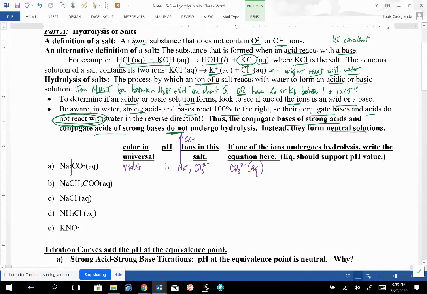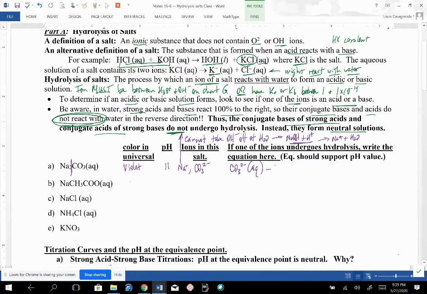It cannot take OH minus off of water. What would it make? It would make sodium hydroxide and hydrogen ion. And the hydroxide and the hydrogen ion are just going to react to form sodium plus and H2O. So you'll just go that direction and you'll never make anything else.